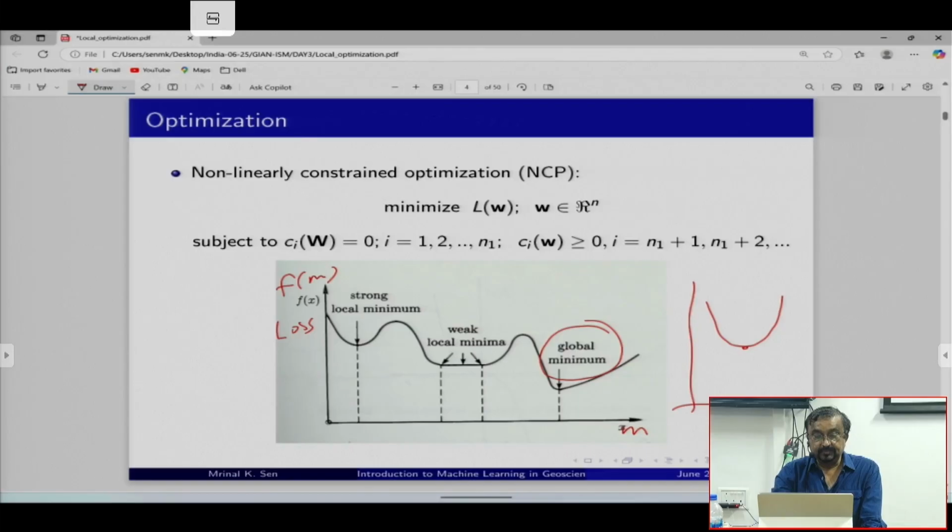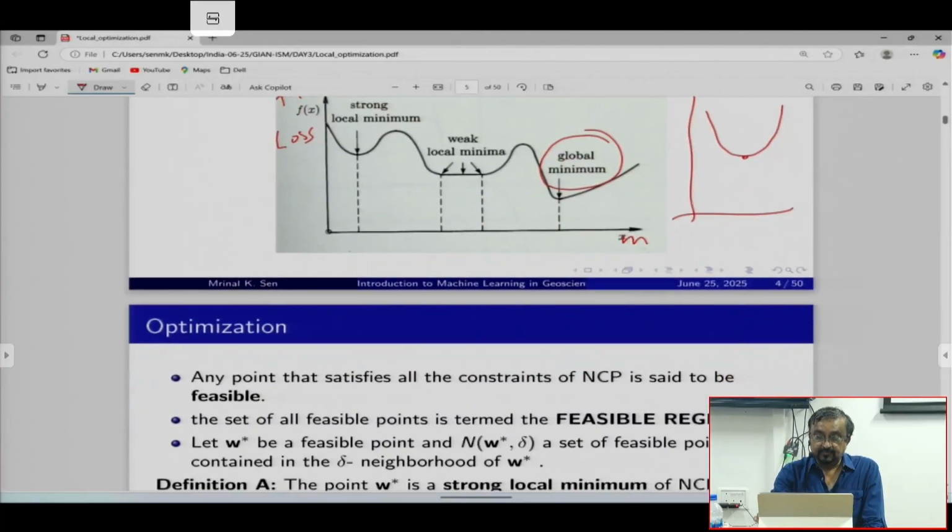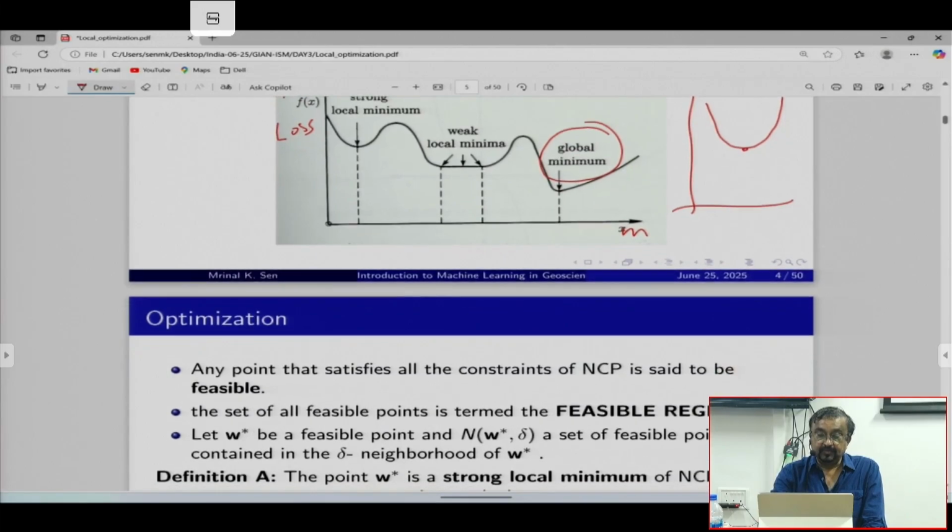The global minimum can also be strong or weak. The global minimum is a part of the local minima, but it is the minimum of all minima. Okay? So what is a strong local minimum and what is a weak local minimum? I'll keep half of this slide up here.